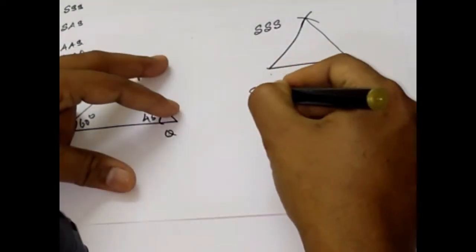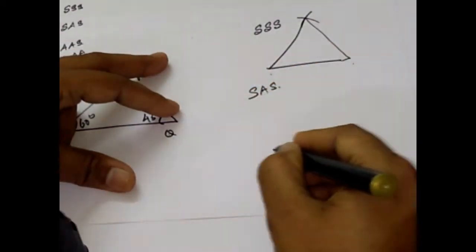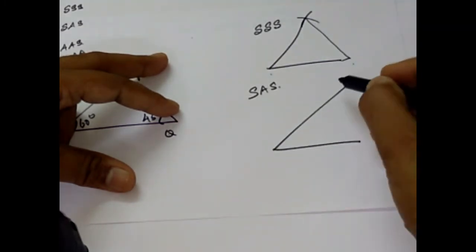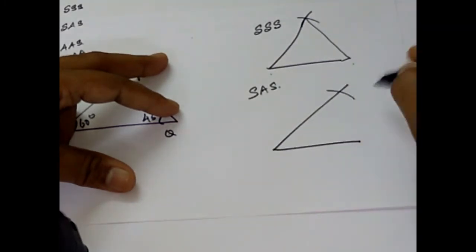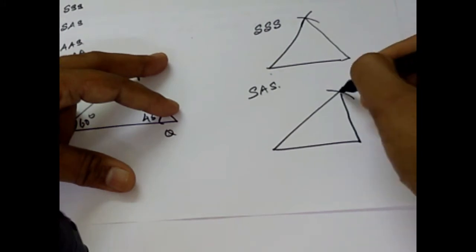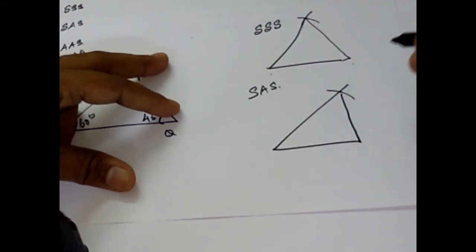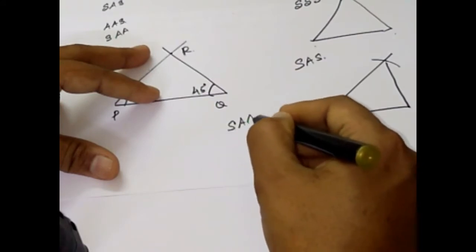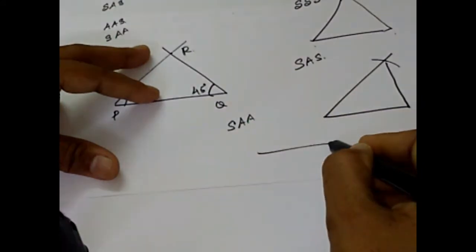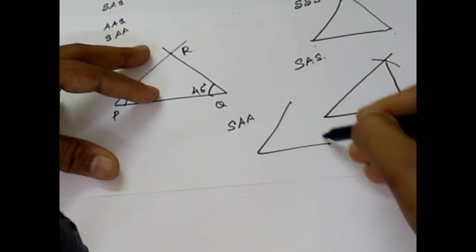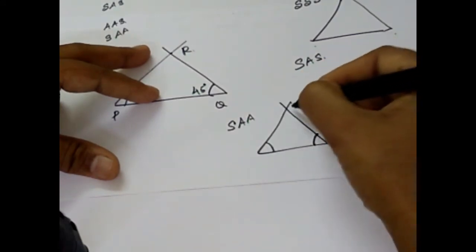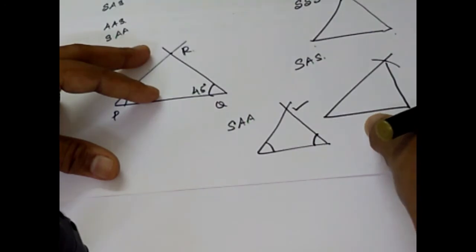In the second method, side angle side, we construct the base first and an angle, and the intersection point of an angle and an arc was where we get the third vertex. Now when two angles and the measure of a side is given, first we need to have a baseline and the intersection point of both the angles constructed will be my third vertex. I hope you got this.